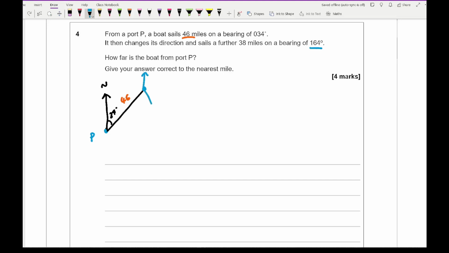Now 164 is somewhere along here, so I'll just assume that that angle there is 164, and I know that this distance here is 38, and the question's asking me to work out what this distance here is going to be. So as you can see, I can just about see my triangle, which this here is the triangle.